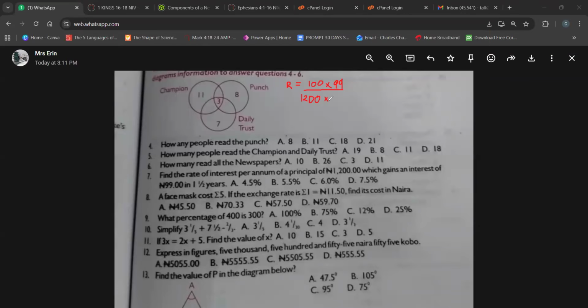So that means you leave it as 3/2. But how will you write 3/2 in the denominator of this thing? 100 times 99 over 1200 times 3 over 2.